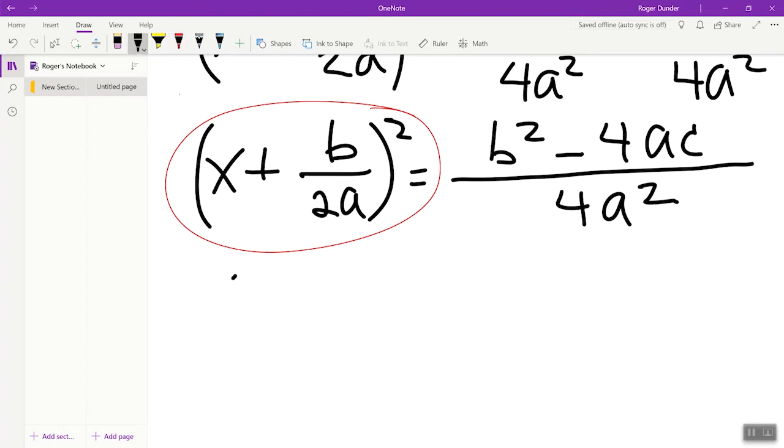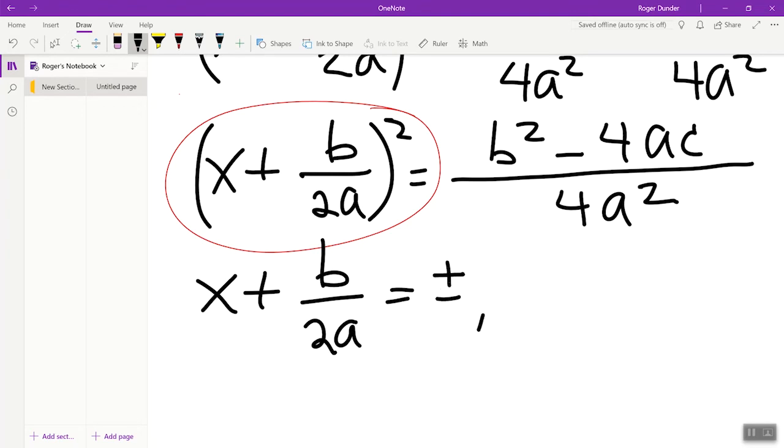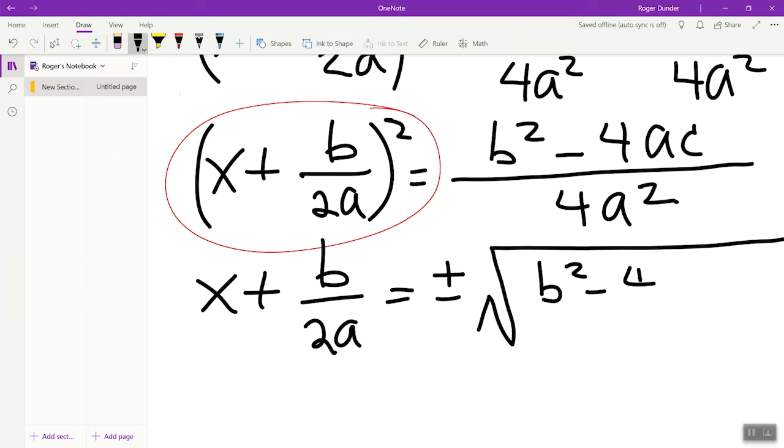So we get x plus b over 2a is equal to plus or minus the square root of b squared minus 4ac all divided by 4a squared.